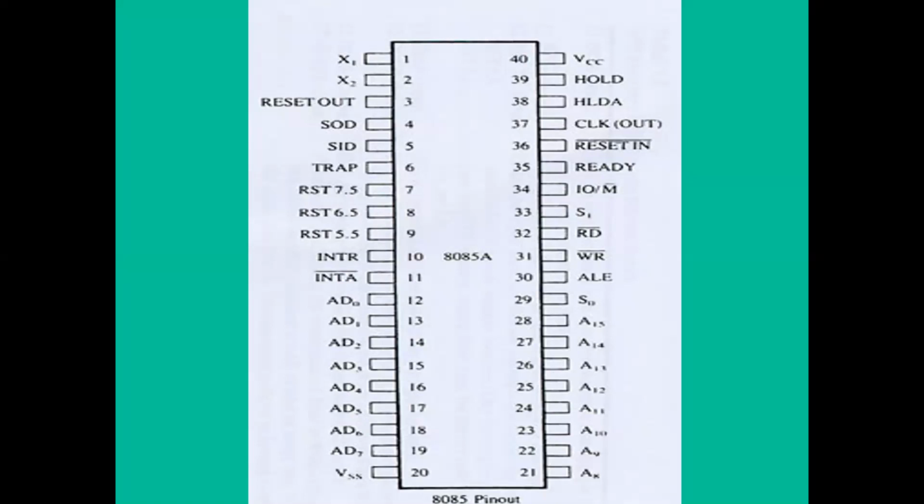One single line can be used for two different purposes. First the address will be transferred, and then using the same line, data will be transferred. Why does this happen in this case? To minimize the pin numbers.